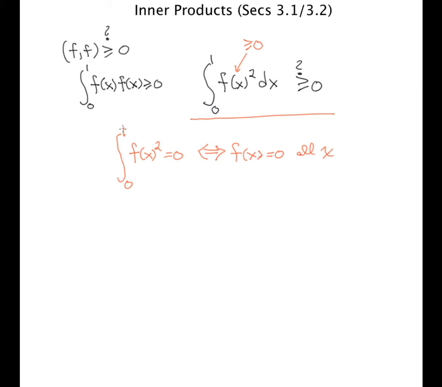The only function whose integral is 0 is supposed to be the 0 function. Well, think about that. That's true. I'm talking about continuous functions here, so not that it matters that much, but anyway, this is true.